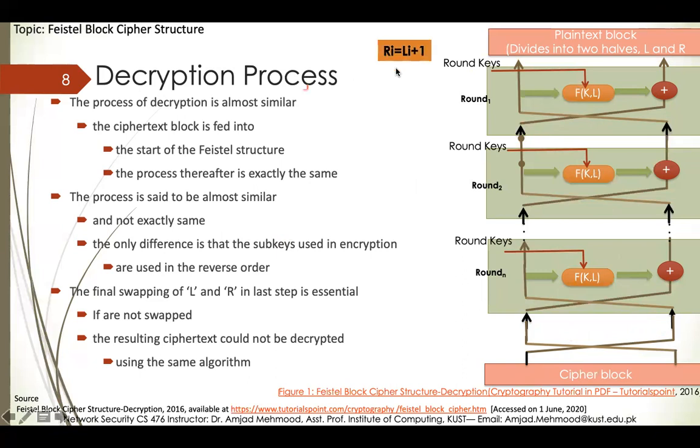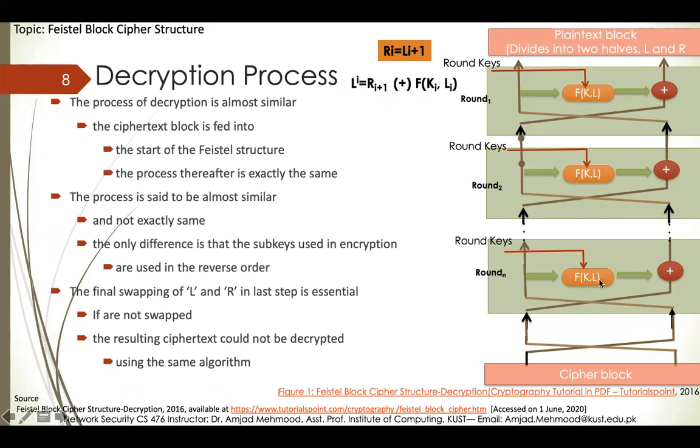So the next L will be the right side. For the left side, you take the next right side, perform the function on K and L, and this is assigned to the previous left side. This process is performed in reverse order to get your plain text back.